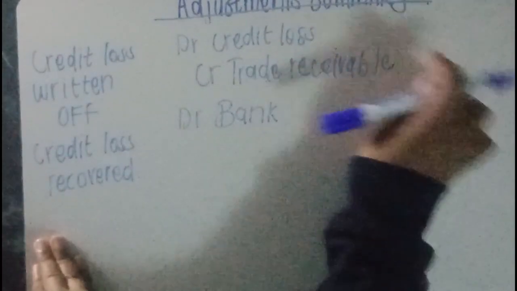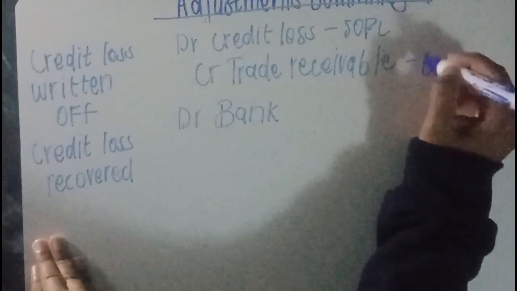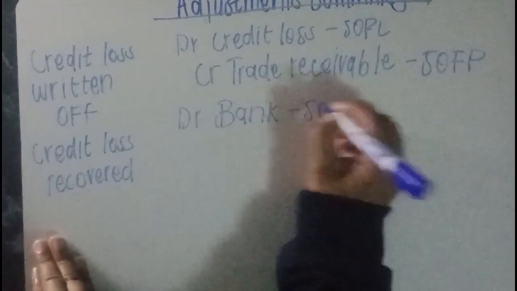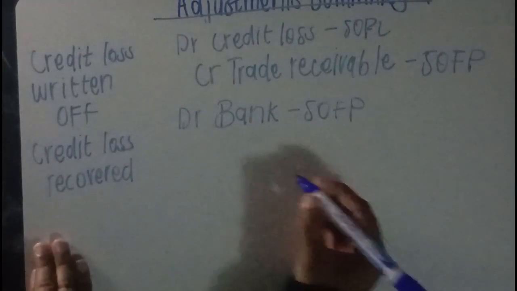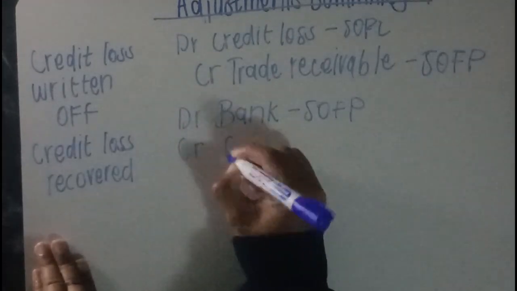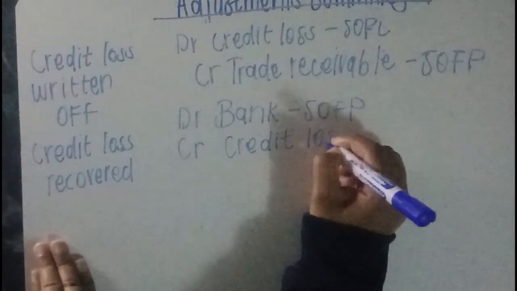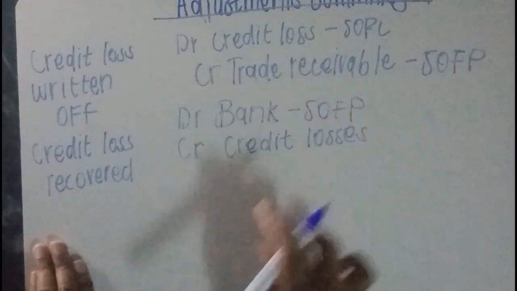Please don't forget your statements, profit or loss. The mark is finishing. Statement of financial position, and you're going to credit your credit losses. We're reversing this, but with bank, because they are paying.